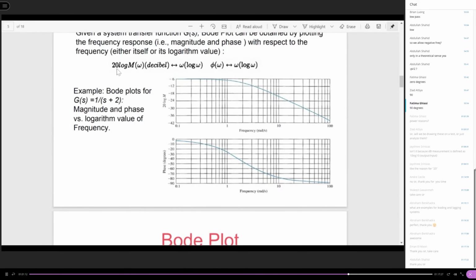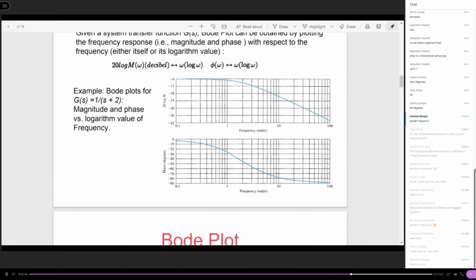Now, why 20? I don't know. Maybe you can find out and let me know. I have tried to figure out why it is 20, but unfortunately I could not find any clue. Anyway, 20 log is the well accepted setup in the engineering and academic community, so we have to accept that.